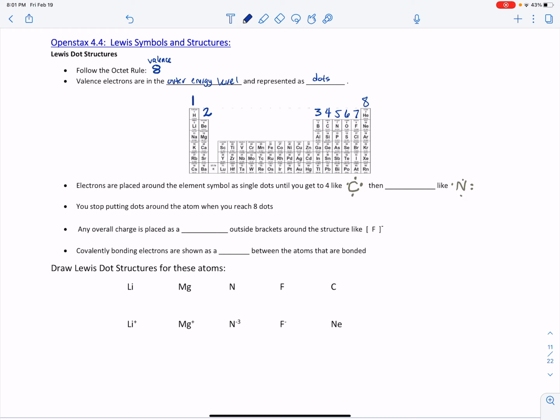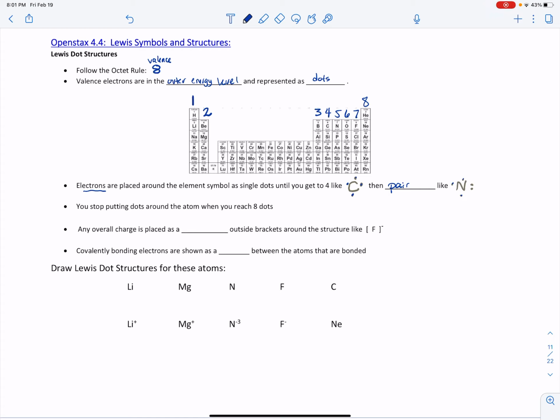So what you want to do, you're going to put the electrons around the symbol as single dots until you get to 4. You'll notice in this carbon example, there's a dot here, a dot here, a dot here, and a dot here. Then you pair them, like with nitrogen. 1, 2, 3.